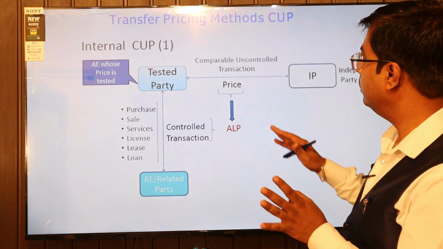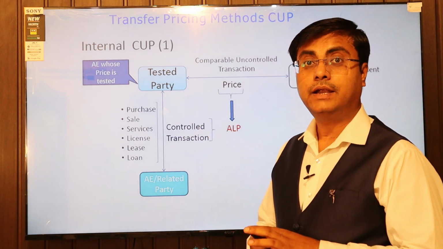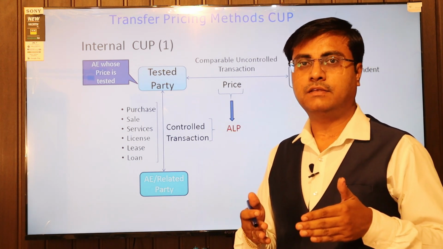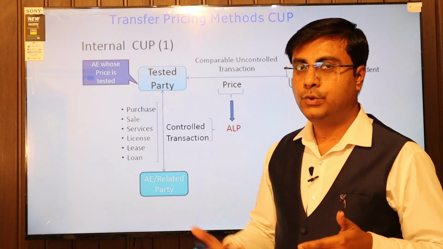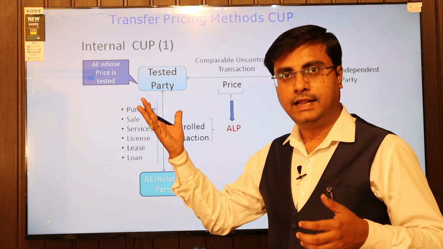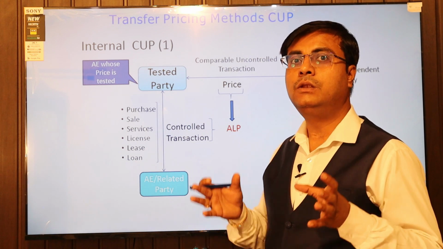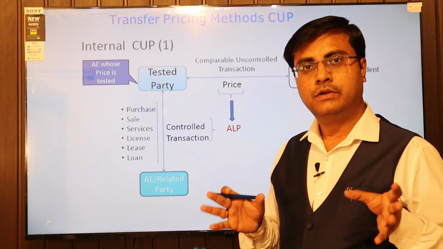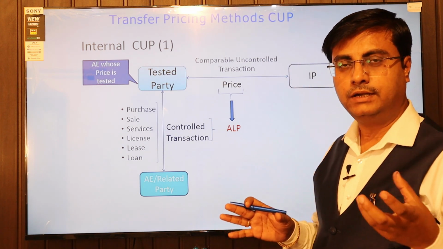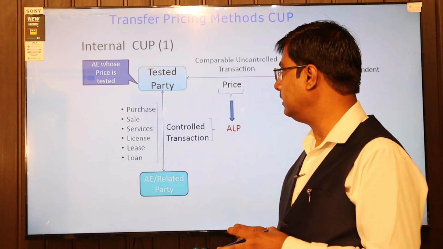So let us see what CUP is. We have to determine what the tested party is. Suppose Associated Enterprise A in India is a subsidiary of a parent entity in the USA. The USA holds some intangible. So we have to see which entity is the less complex entity. Suppose you are only a distributor, so we will take you as the tested party.